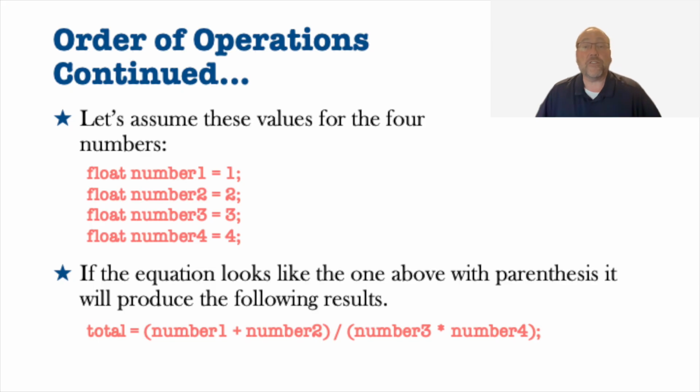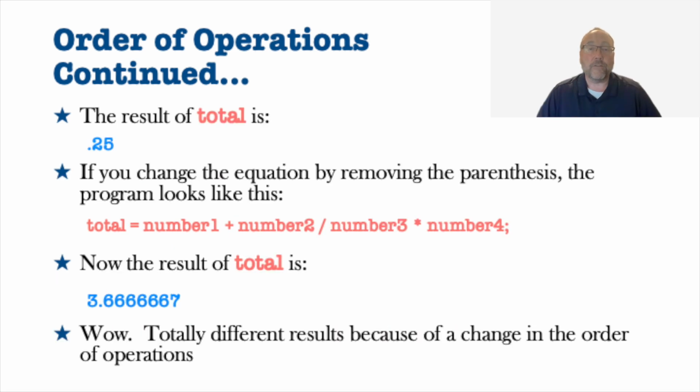Assume that we have 4 numbers, all floats with values 1, 2, 3, and 4, and we write this equation with parentheses: total equals (number1 + number2) / (number3 * number4). If I run that, given the 1, 2, 3, 4 values, the result is 0.25.